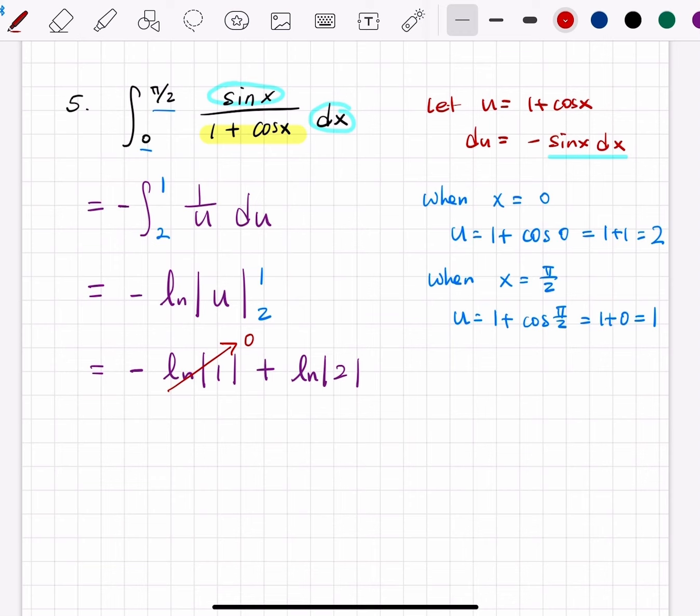So we ended up with ln of 2. Because 2 is a positive number, we can just get rid of the absolute value sign.